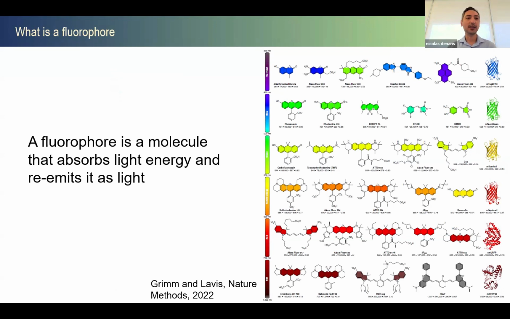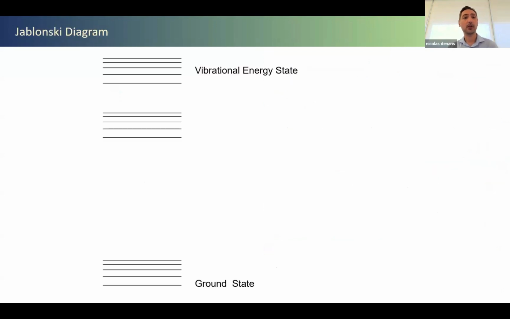So how do we get fluorescence from a fluorophore? We're going to start by using a very simplified version of the Jablonski diagram. Your fluorophore contains electrons, and these electrons are in the ground state.